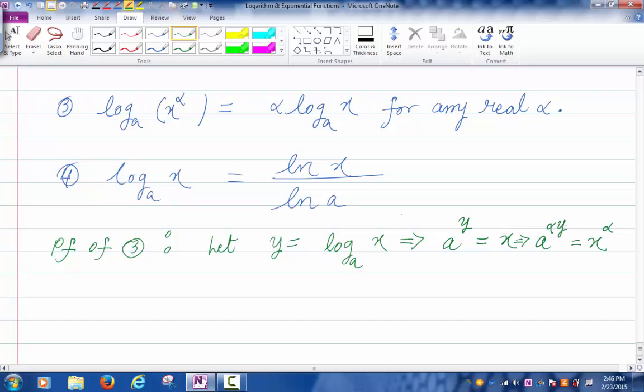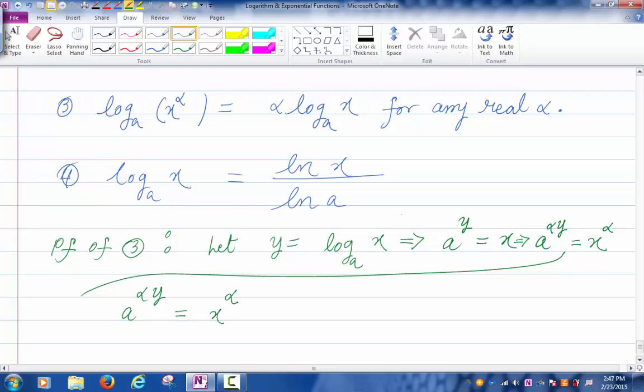I'm raising both sides to the exponent alpha. Raising both sides to alpha, and I get a to the alpha y is x to the alpha. So finally what I have here is a to the alpha y is equal to x to the alpha.